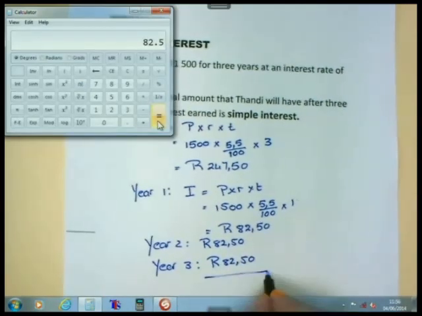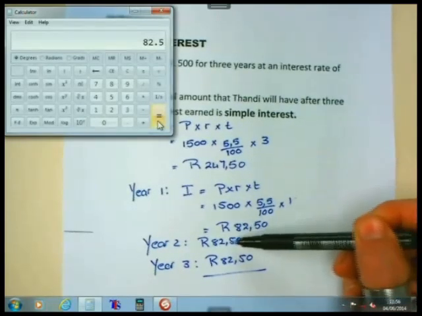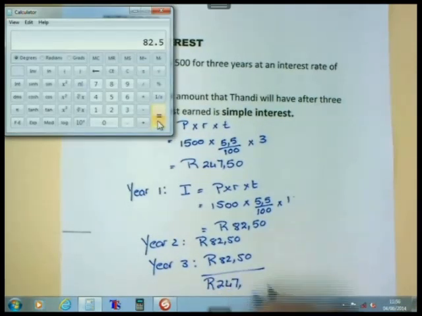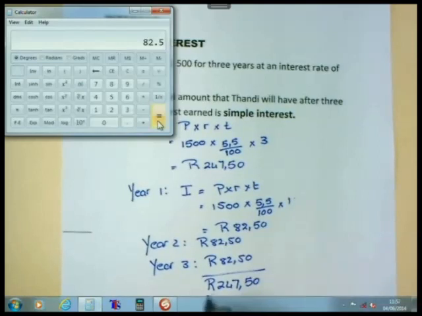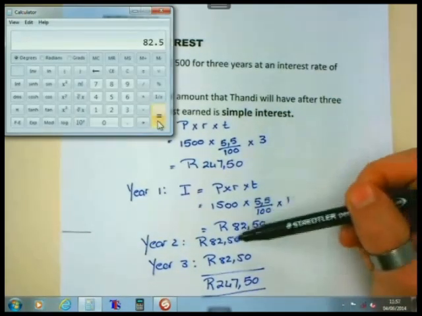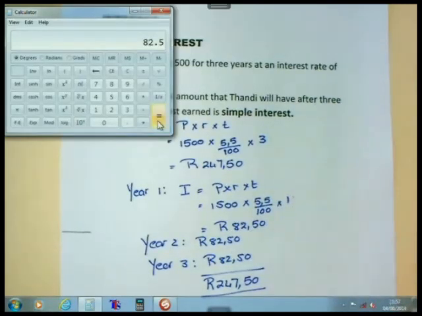Over the 3-year period, if I add the 82 Rand 50 plus 82 Rand 50 plus 82 Rand 50, I get the total amount of 247 Rand 50 to be the interest. In other words, we earn exactly the same amount of interest every year.